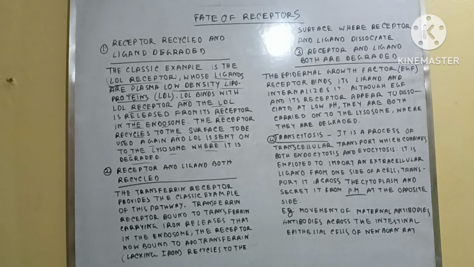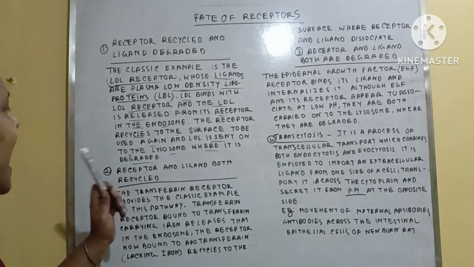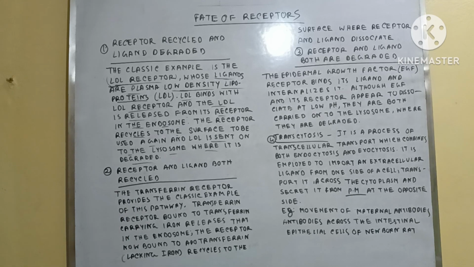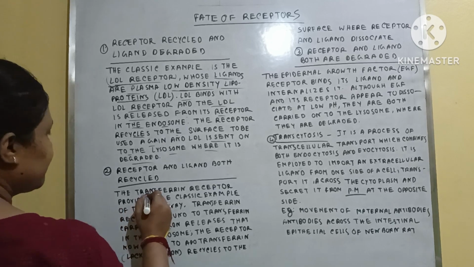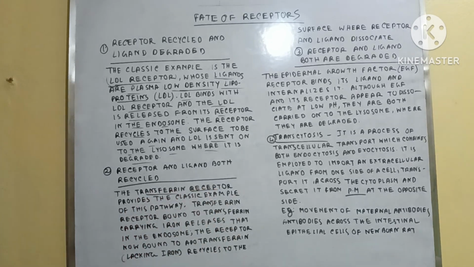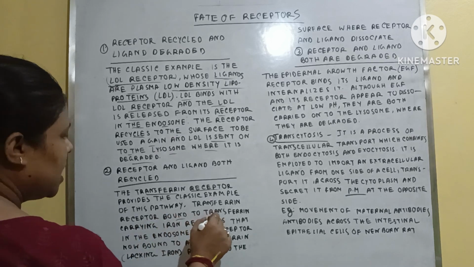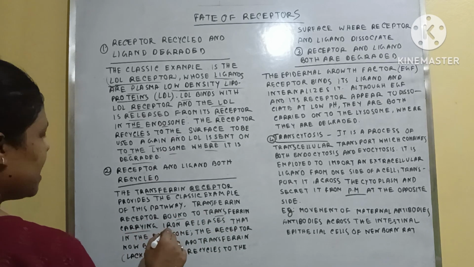The second pathway here, both are recycled, ligand and the receptor both are recycled. So here the example I have taken is the transferrin receptor. This provides a classic example of this pathway. So the transferrin receptor is bound to the transferrin carrying iron.